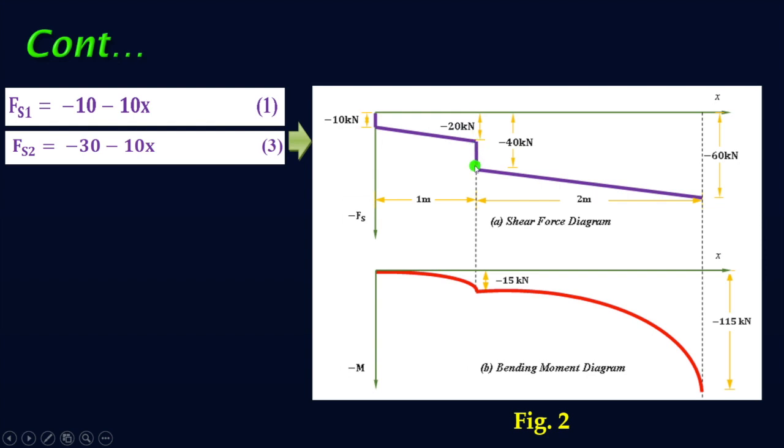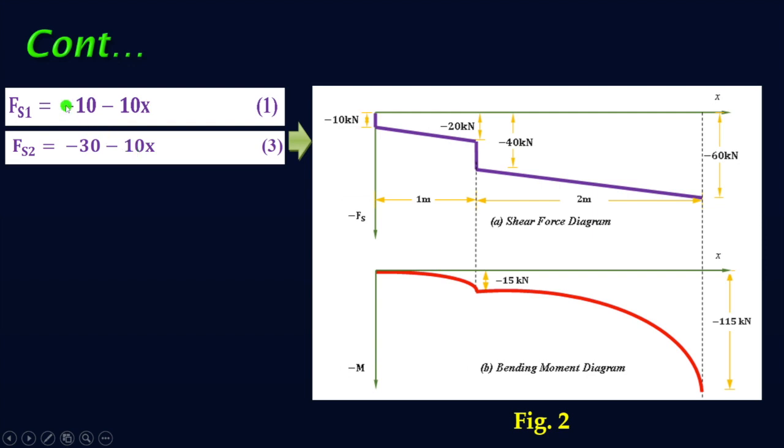Then again, for the next part between B and C, our equation is this. It is again a straight line, but the starting value is minus 40 kilonewton. And then with the same slope; you notice, the straight line equation is y equals mx. Here m is the slope. In both cases, it is minus 10 and minus 10.